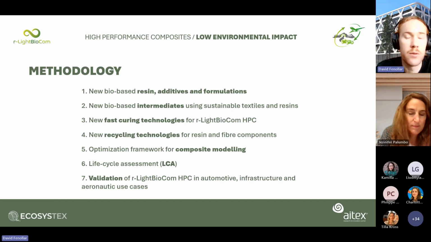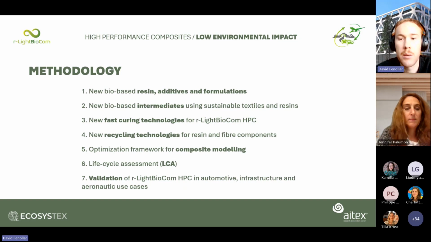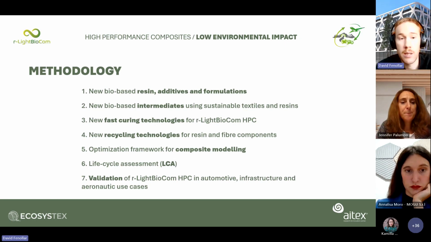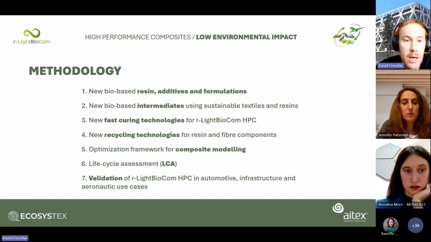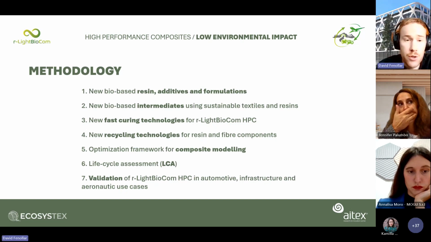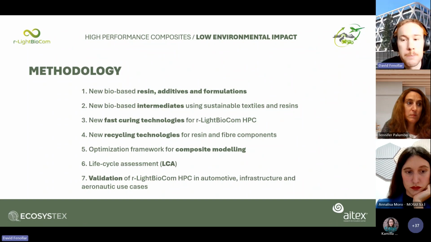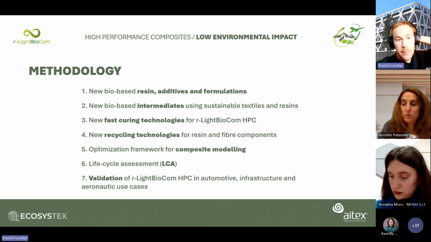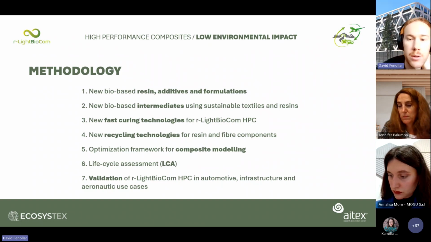The methodology of the R-LIGHTBIOCOM project is, first of all, to develop a new bio-based resin formulation with improved recyclability and adapted to the needs of high-performance composites in terms of performance and processing technologies. Secondly, we redesign processing technologies for the obtention of lightweight structures, intermediates for high-performance composites with sustainable fibers and bioresins developed in point 1.